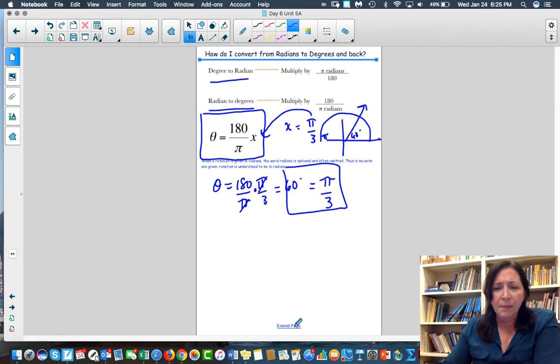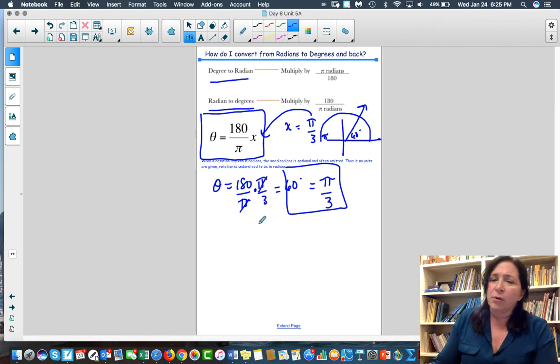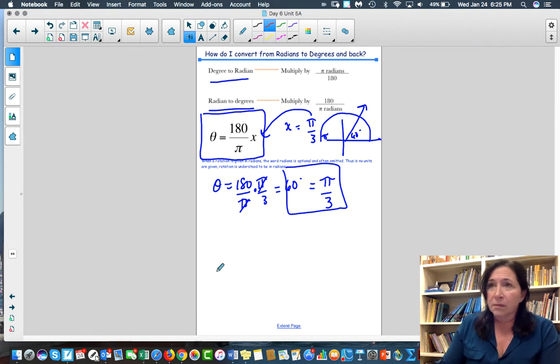Likewise, you can go backwards. For example, what's 120 degrees in radians? I'm going to plug in 120 degrees in the degree slot, so I still have that equal to 180 divided by pi x.